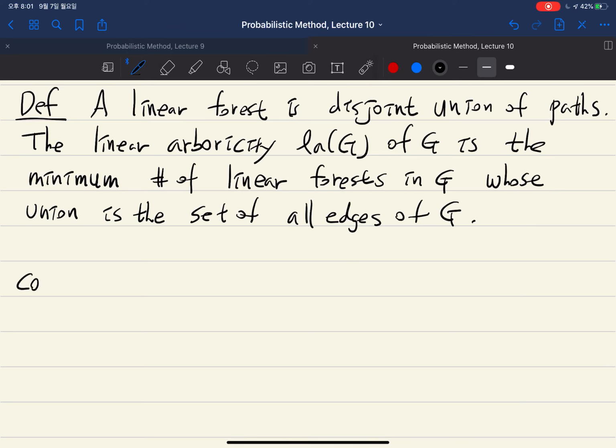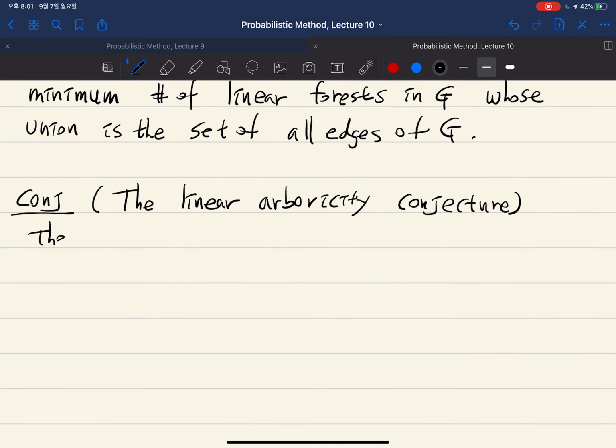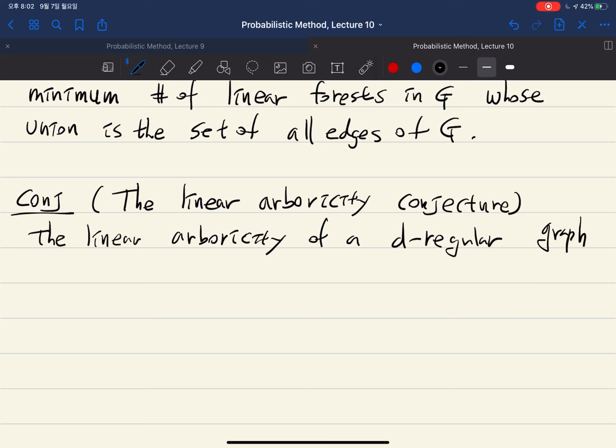The well-known conjecture regarding linear arboricity is the linear arboricity conjecture, which says that the linear arboricity of a d-regular graph is ceiling of (d plus 1) over 2.